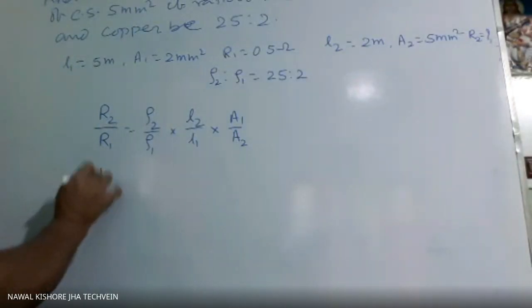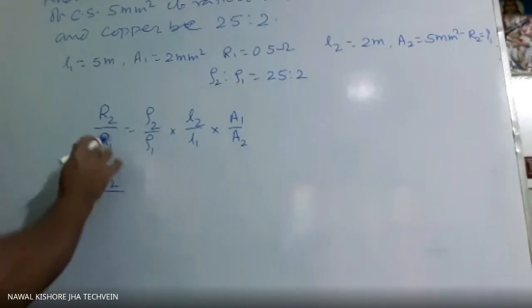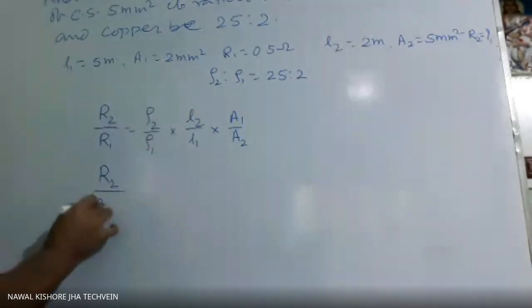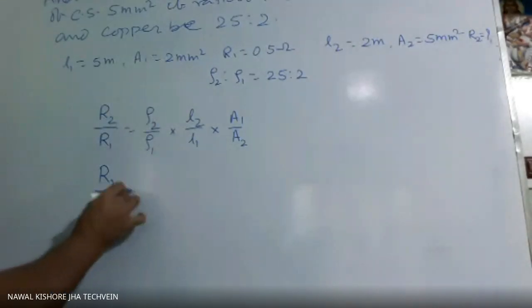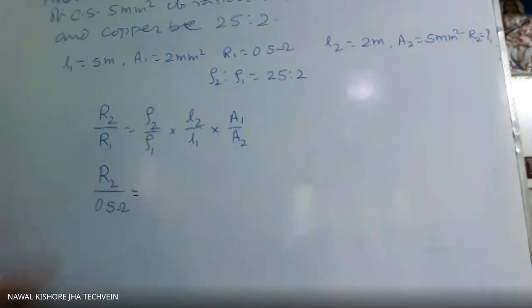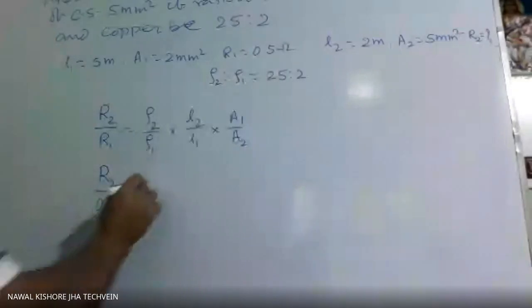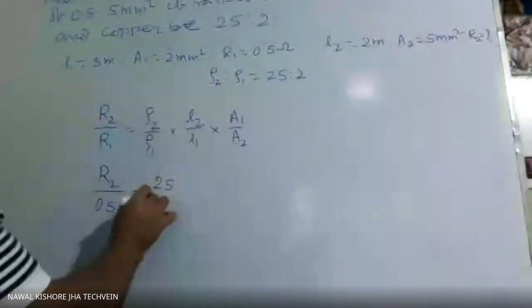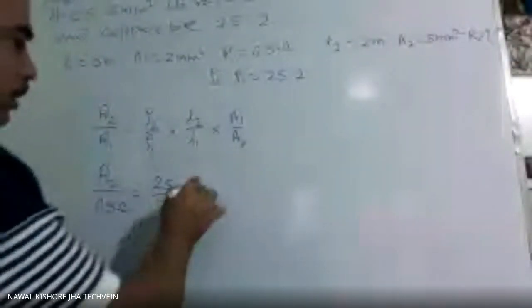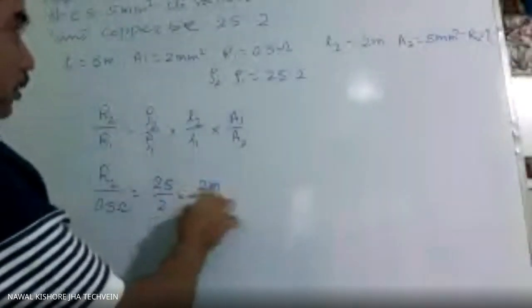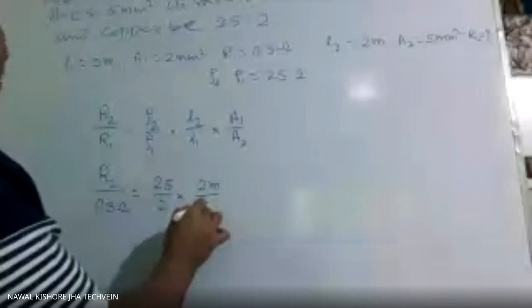So this R2 we have to find. R1 value you can write here, 0.5 ohm. Now this ratio directly you are given, 25 by 2. So we'll write 25 by 2. L2, 2 meter. This is 5 meter.